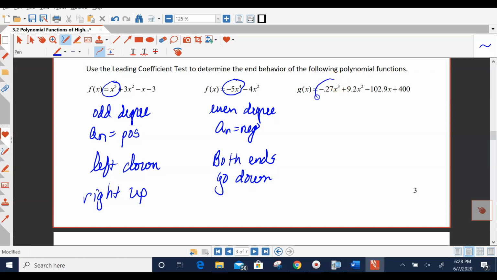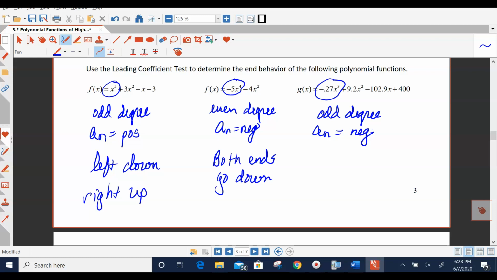Last one we have is this guy. It is an odd degree. 3 is odd. So the degree of this guy is odd. And the front number, a sub n, the coefficient in front of that is negative. So odd degrees all behave like, excuse me, x cubed.